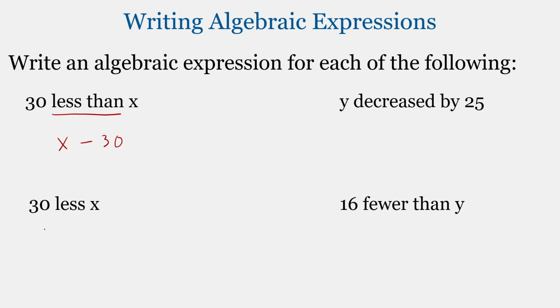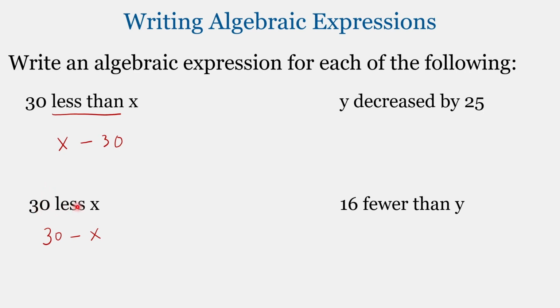And this is 30 minus x. So this then makes a difference. When we have 30 less than x, that means we're starting with x and we're taking away 30 from it. So we get x minus 30.